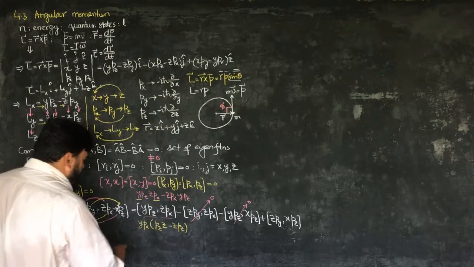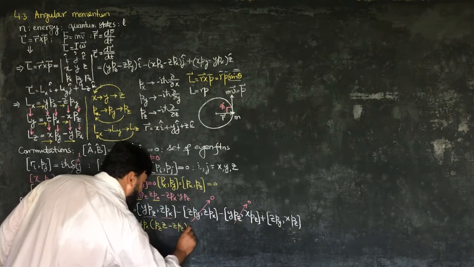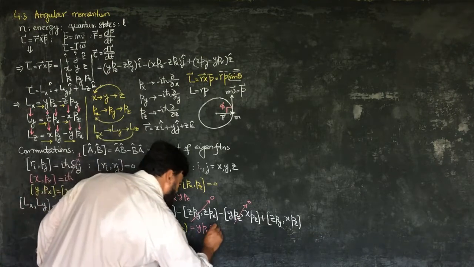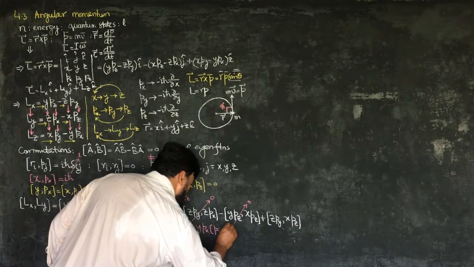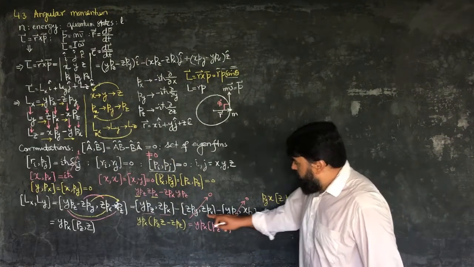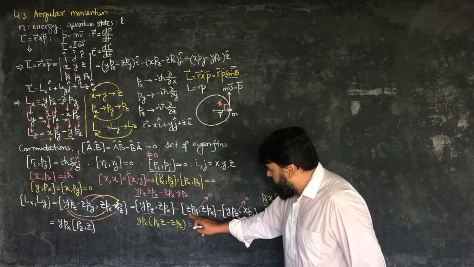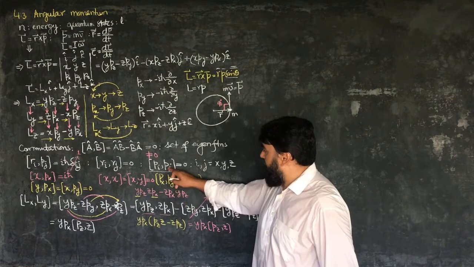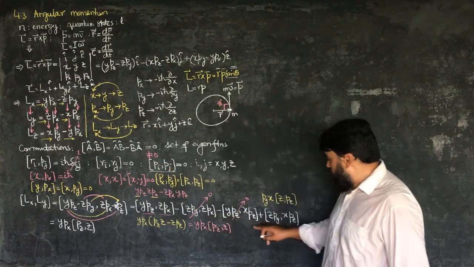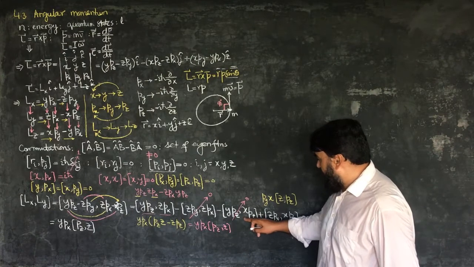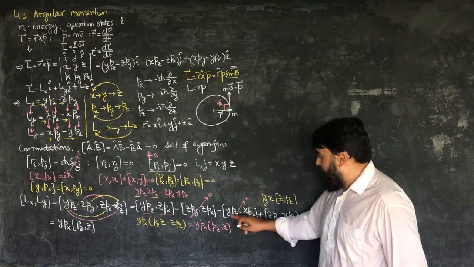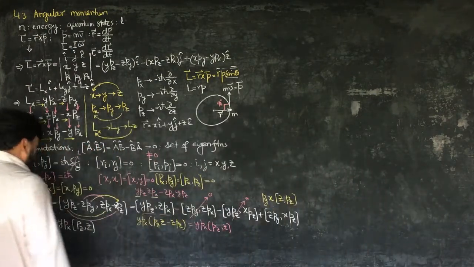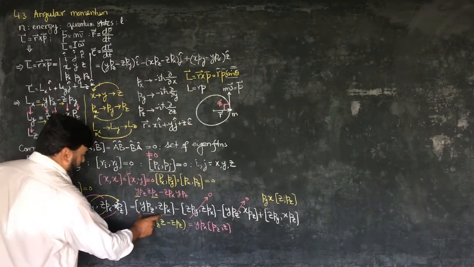And now this one is ypx, but this one I can write as the commutation relation of pz with z. So here, if I take z as common, then py and px will commute, so this will go to 0. And from here, if I take pz as common, then y and x are commuting, so these two terms will go to 0.